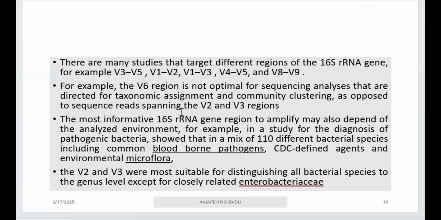So this is just to share one example. It's not the story that 16S rRNA sequencing is done and the results are obtained and you are going to get classification to the taxonomic level and clustering also 100% done. No, not like that. There are certain limitations or challenges and one has to address those as well.